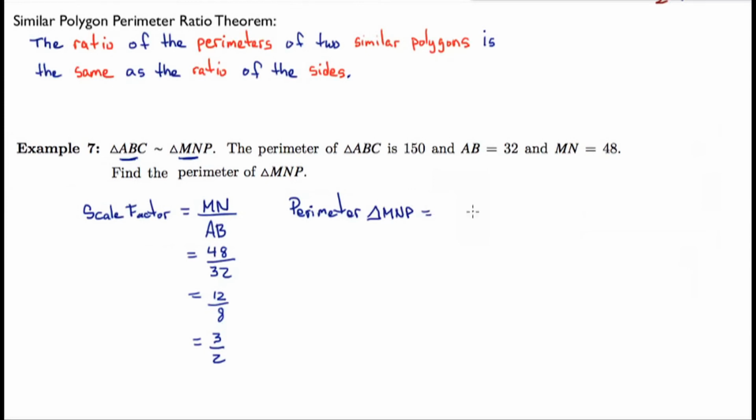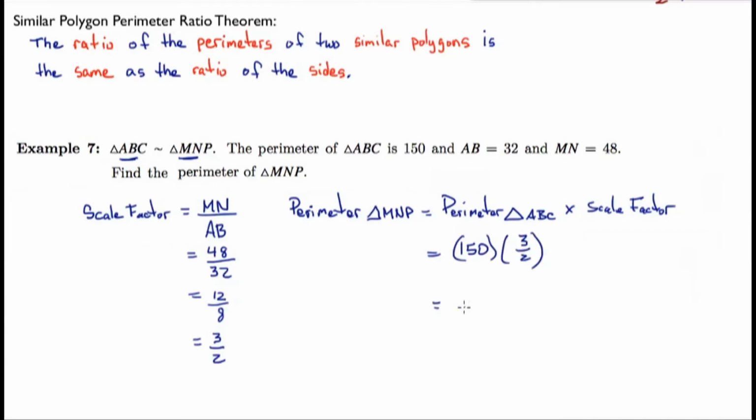Now we know the perimeters are going to be proportional to the scale factor. So I can take the perimeter of triangle MNP and set that equal to the perimeter of ABC times the scale factor. So the perimeter of ABC is 150, the scale factor is 3 over 2, and I multiply them, I get 225.